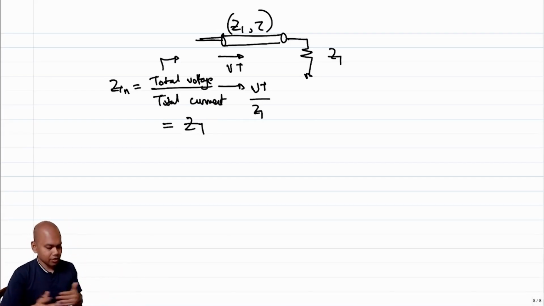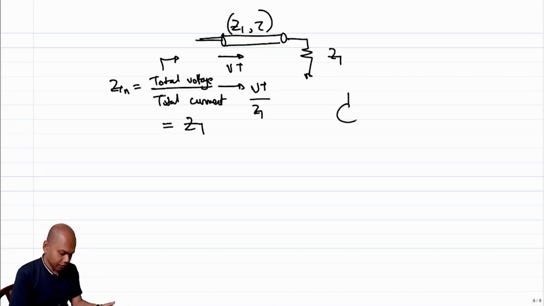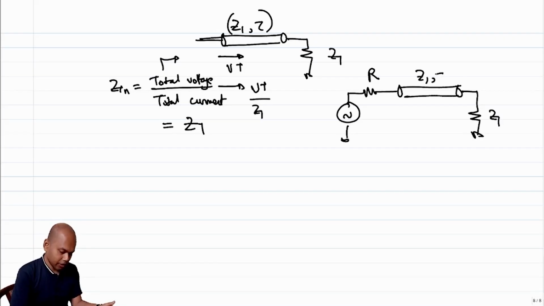So if that is the case, then you can say that if something is connected here with R, and you have this line as Z1 with delay tau, and I know that the impedance looking in here is Z1, then I know the voltage here, right?